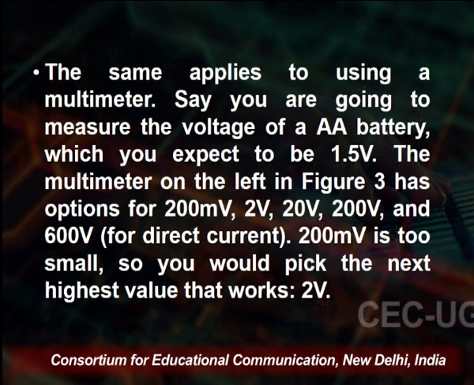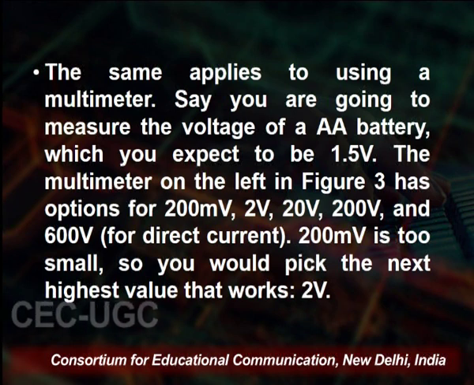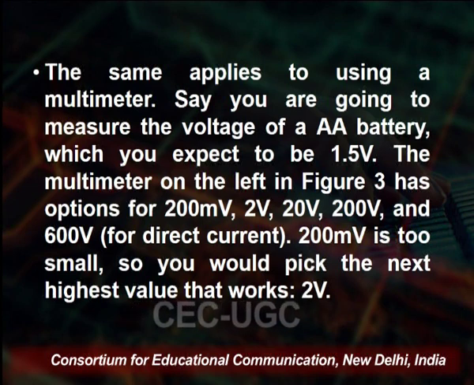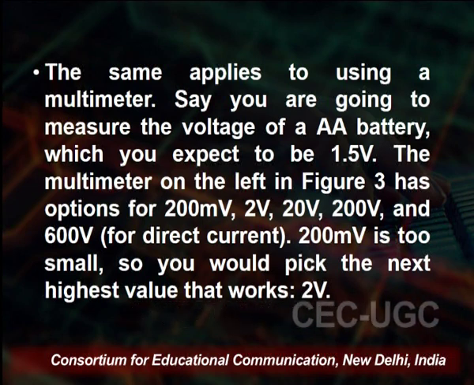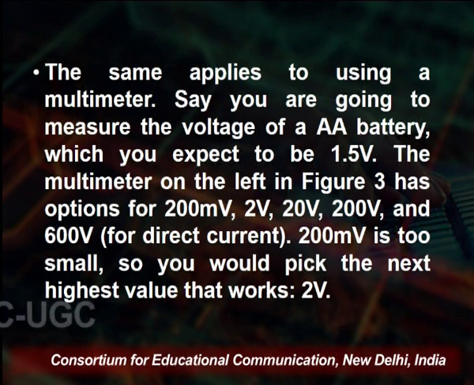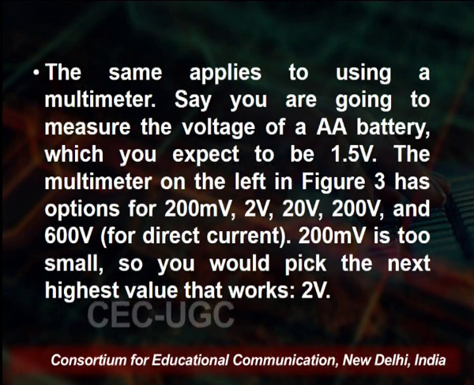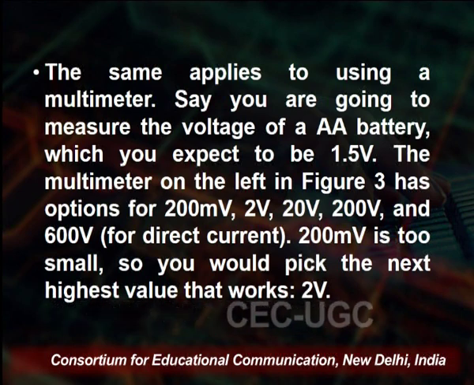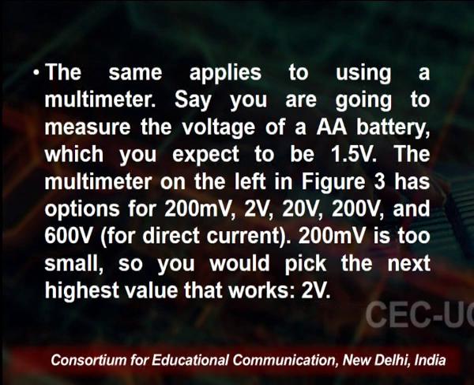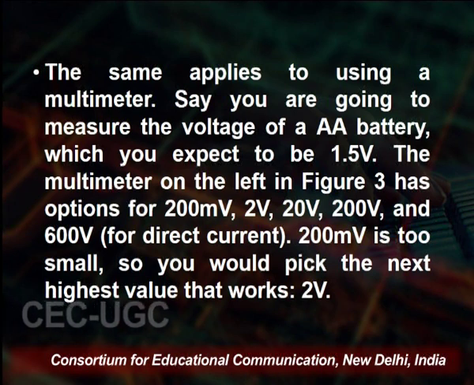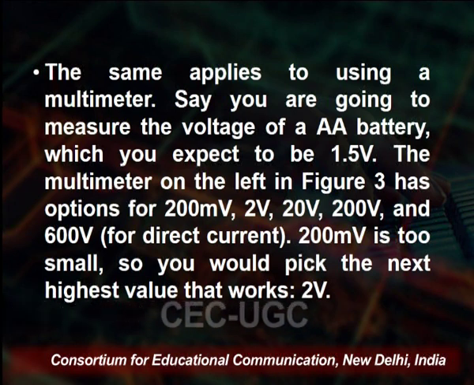If we measure the voltage of a battery, you can expect that it is 1.5 volts. The multimeter just adjusts accordingly, and it has options like 200 millivolt, 2 volt, 20 volt and 200 volt, meaning there is a range from 200 millivolt up to 600 volt.